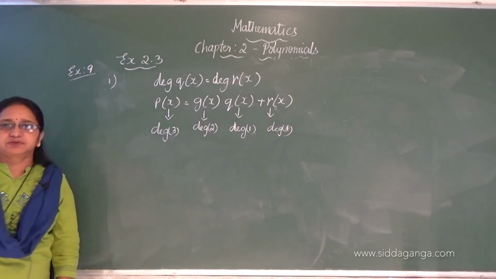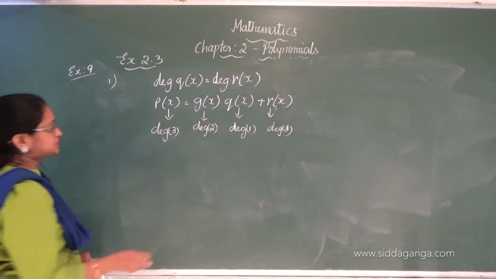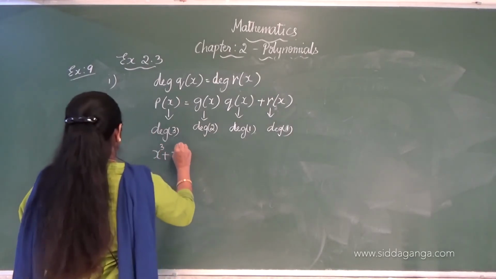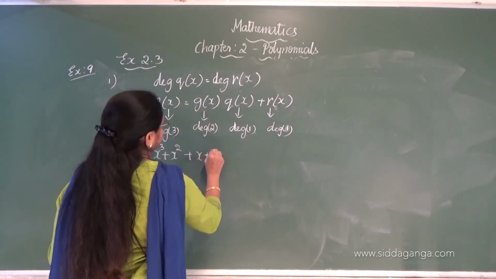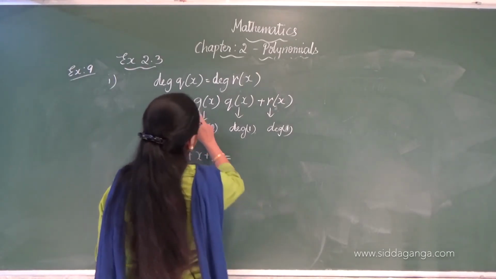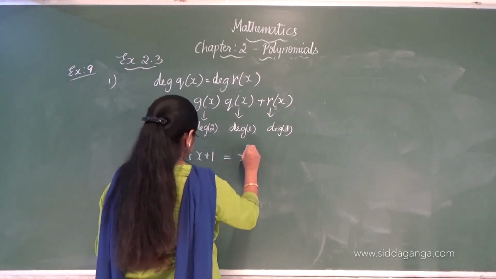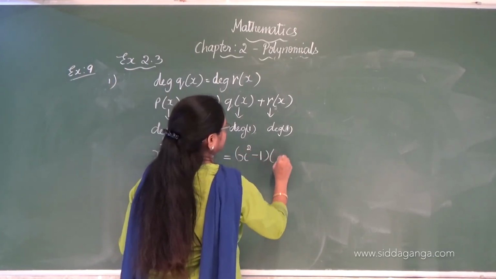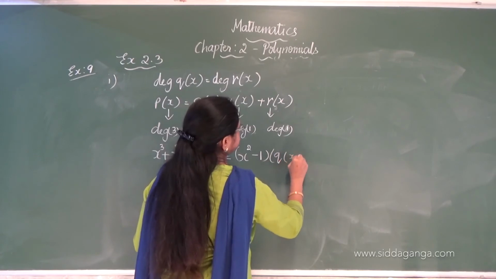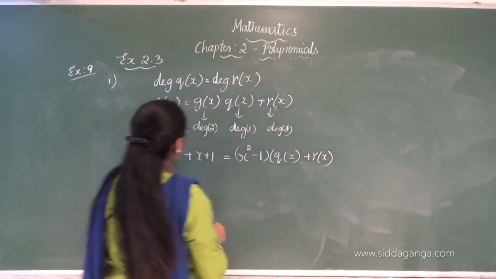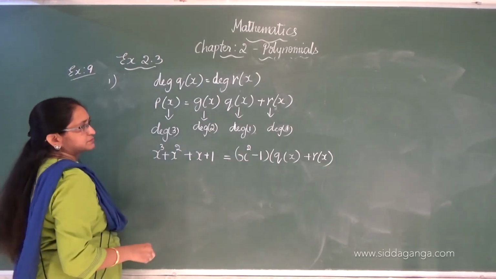Now one example we will take. Let us take this degree 3 polynomial, x cube plus x square plus x plus 1, and let us take g of x of degree 2, that is x square minus 1. Now we can find q of x and r of x by dividing this.